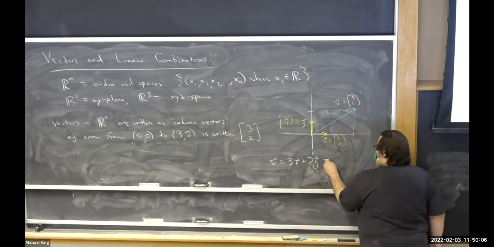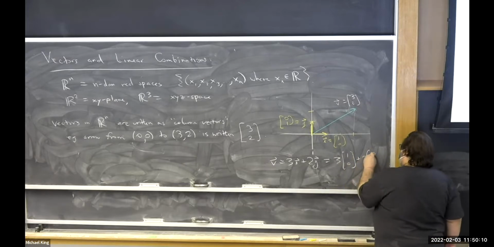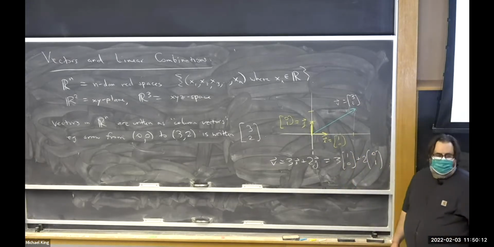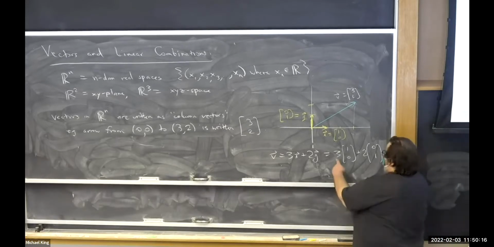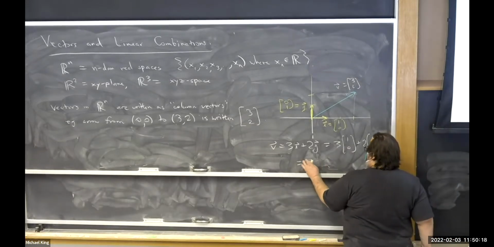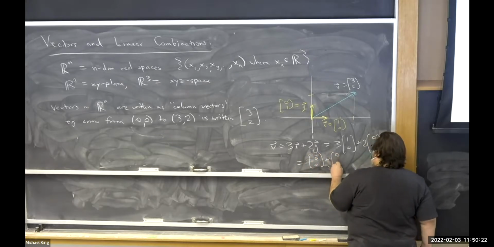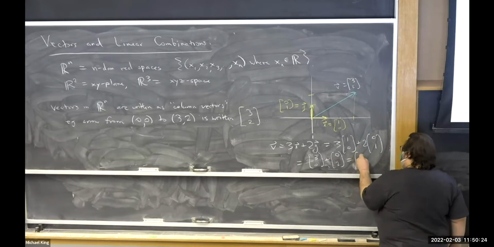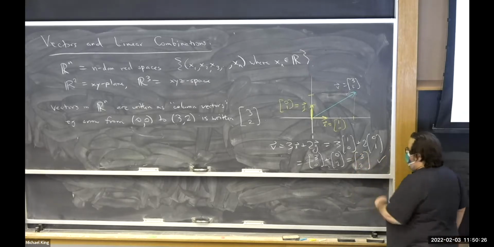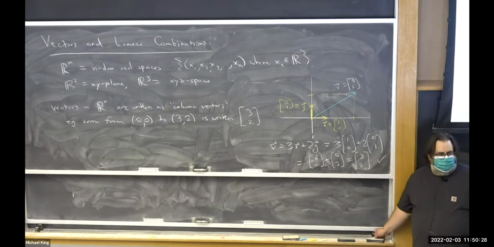But if you think about it, that's 3 times the vector 1, 0 plus 2 times the vector 0, 1. And we can multiply the 3 through here. So that's 3, 0 plus 0, 2, which is 3, 2. So that's the general way we write these things down.